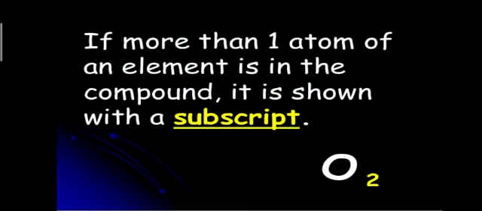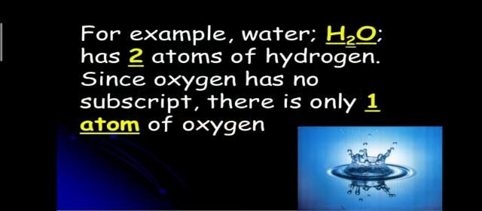So in water, the 2 is used as a subscript. In oxygen, O2, 2 is used as a subscript. Similarly in water, there are 2 atoms of hydrogen, so we use a subscript 2 for hydrogen, and there is only 1 atom of oxygen, so there is no subscript at all.